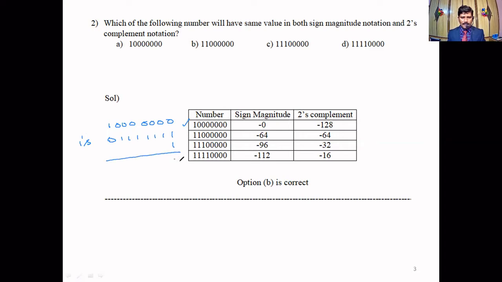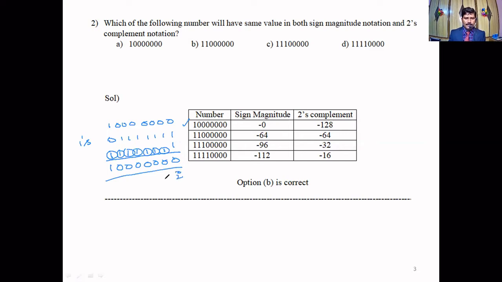Now find the value here. 1 plus 1 is 0, a carry here. 1 plus 1 is 0, a carry. 1 plus 1 is 0, a carry. 1 plus 1 is 0, a carry. 0, a carry, and so on, and finally 0 plus 1 is 1. Now what is the value here?